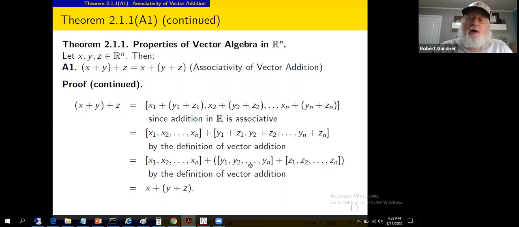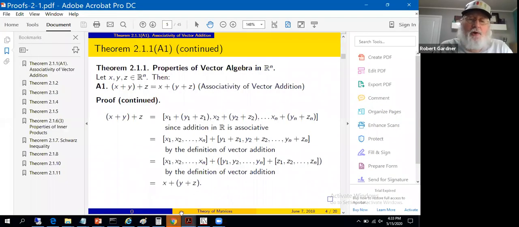We've got vector y plus vector z, but that addition's being done together, and then the x's are being added on by the associativity that we had upstairs. And indeed, we have vector x plus the sum of vectors y and z. So we can move the parentheses over. How's that? Using properties of real numbers and going to the components of those vectors in Rn.